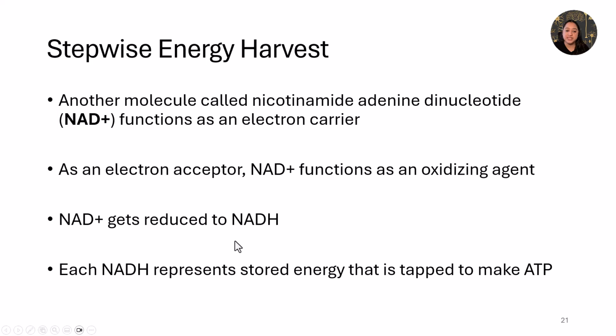So NAD+ gets reduced to NADH. As we go through the lectures, hopefully it makes sense when you see that molecule NADH. You can think, okay, it's just holding on to electrons temporarily. So each NADH represents stored energy that will be tapped to make ATP.